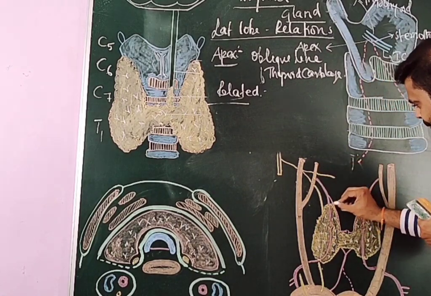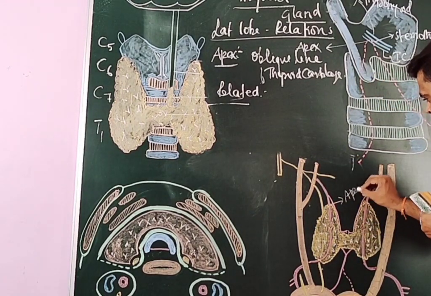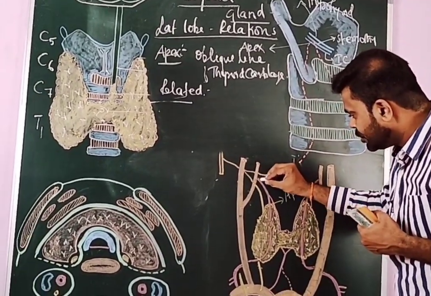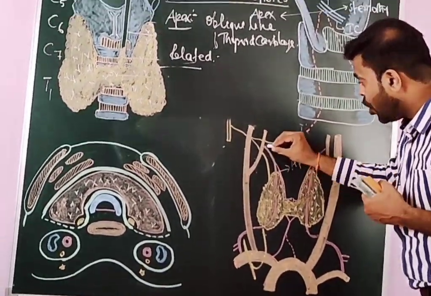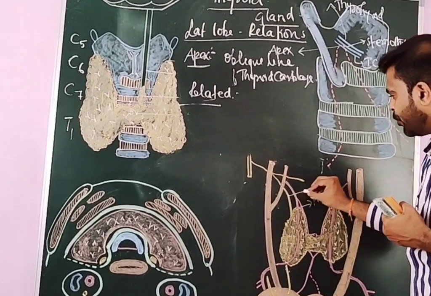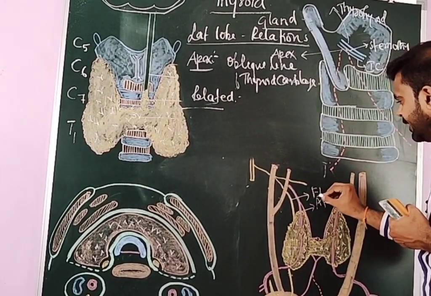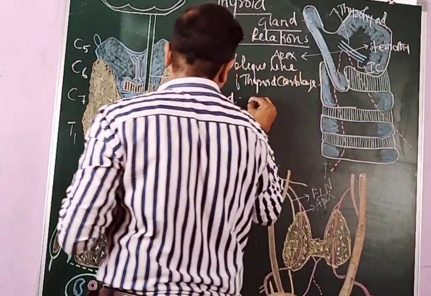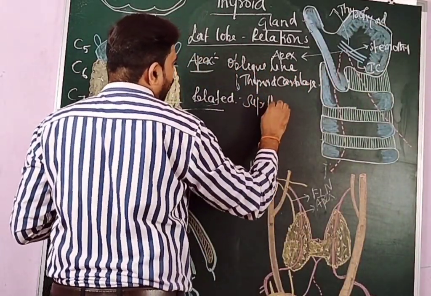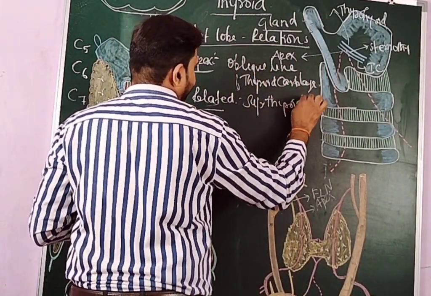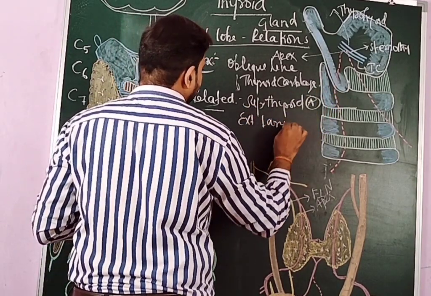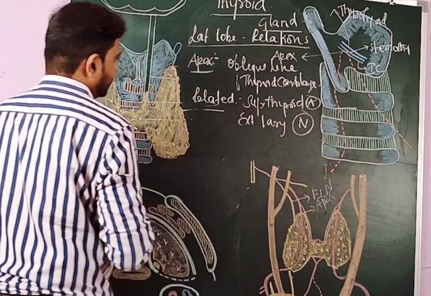You can see this is the apex of the thyroid gland. From the apex, one important artery extends downward, that is the superior thyroid artery. Along with the superior thyroid artery, you can see one important nerve, the external laryngeal nerve. So the apex of the thyroid gland is related to the superior thyroid artery and the external laryngeal nerve.